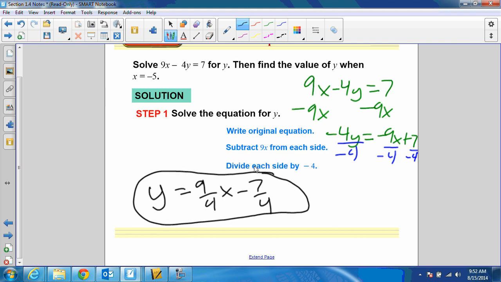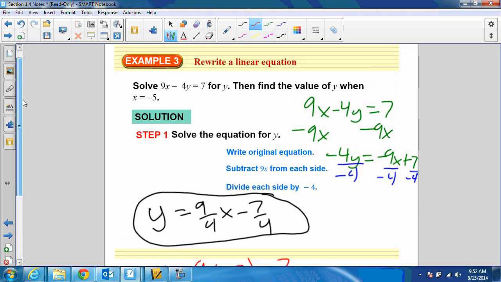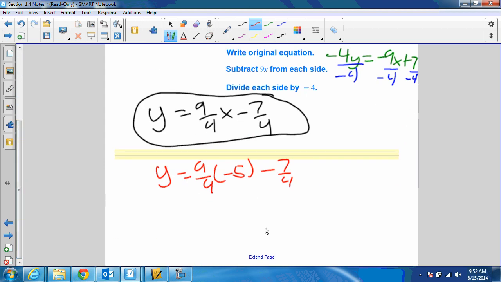Then it says find the value of y when x equals negative 5. So we're just going to plug in negative 5 for x. So we'd have y equals 9/4 times negative 5 minus 7/4. Okay, 9/4 times negative 5 is negative 5 times 9, which is negative 45 over 4, minus 7/4.